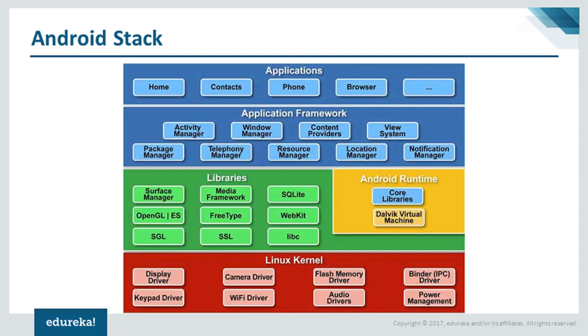The application framework then gives it back to the application. For example, let me say that you want to zoom in or zoom out the camera. Let me say you're at the application level. All that you do is you'll have an API to zoom in. When you zoom in, you're trying to deal with the hardware. Directly, there's no way that you can deal with the Linux kernel. You have to talk to one of the managers. I'll come back to it and talk about the managers when I come to the application framework. You have to talk to one of the managers in the application framework, and that manager in turn will be talking to the NDK.